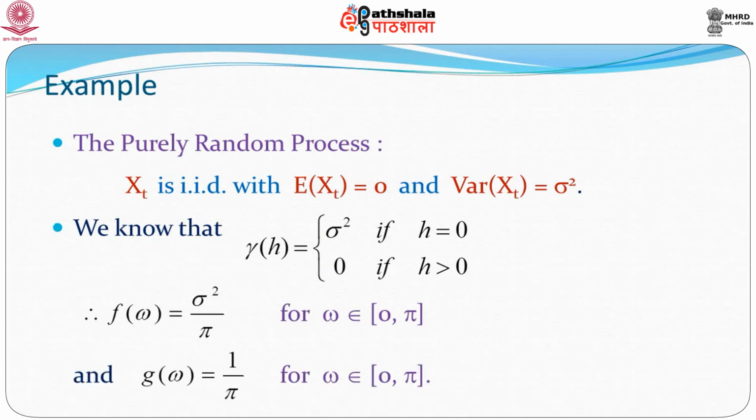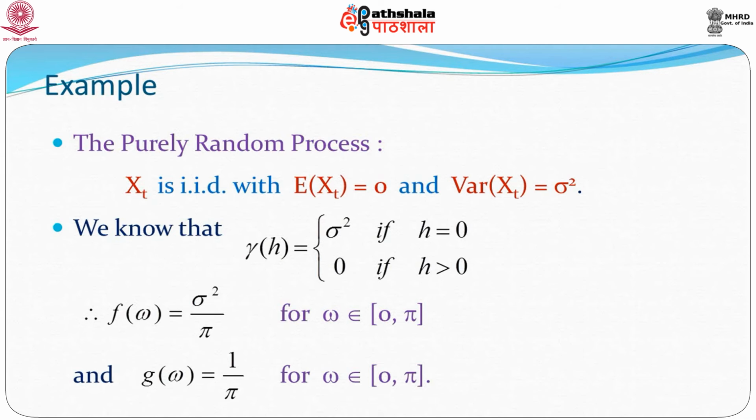Now, if you substitute this in expression 4, since γ(h) is equal to 0 for all h greater than 0, the summation terms actually become 0. So, we are only left with the first term, and the first term has γ(0) equal to σ², and hence we have f(ω) equal to σ² by π. If we did the same exercise using ρ(h), remember that ρ(h) is equal to 1 if h is equal to 0 and is 0 otherwise.